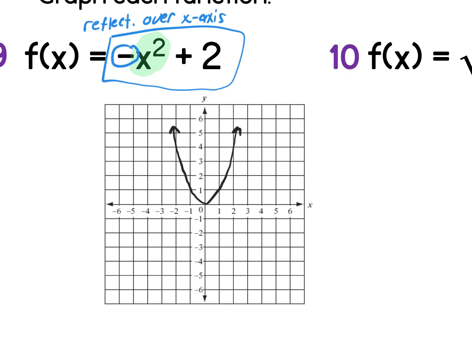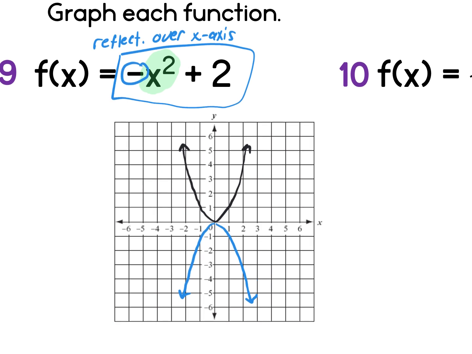So let's go ahead and do that. Take every single point on this parabola, and we're going to flip it. It's going to look something like that. All right, so that's one transformation, a reflection over the x-axis. And then we have another transformation, and it's going to be this plus 2.